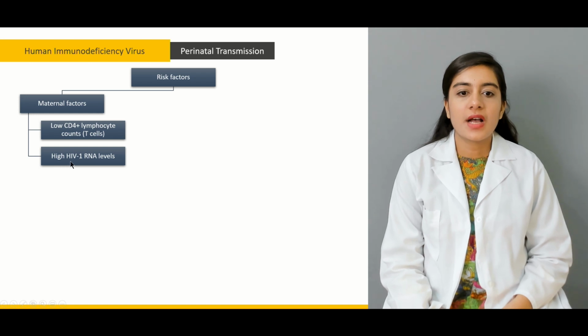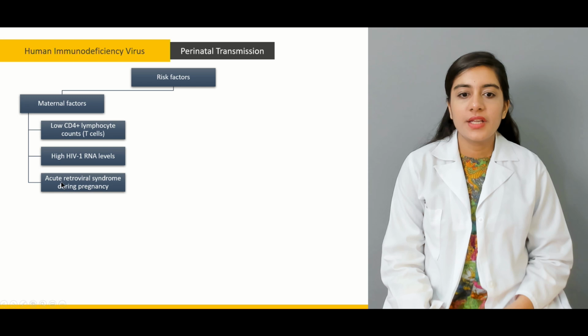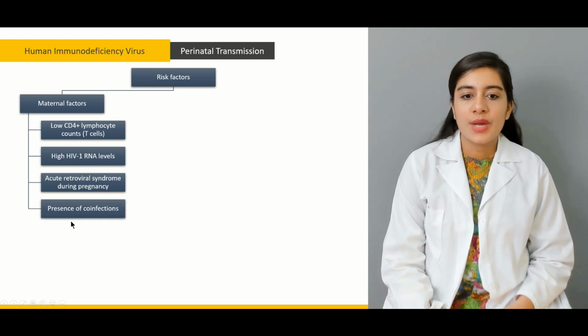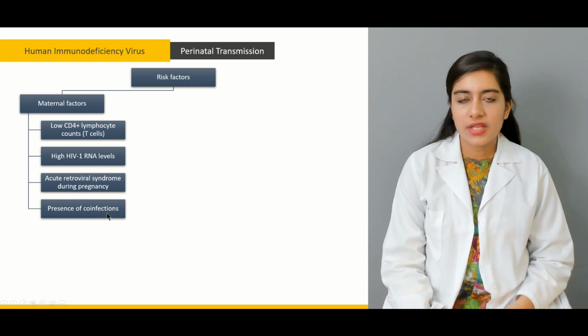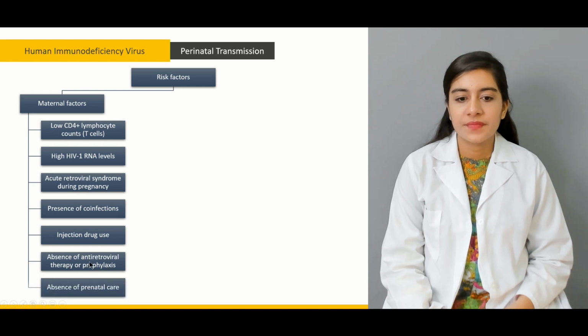Then we have high HIV-1 RNA levels inside the body, acute retroviral syndrome during pregnancy, presence of co-infections, other infections as well, injection drug use, absence of antiretroviral therapy or prophylaxis, and absence of prenatal care.